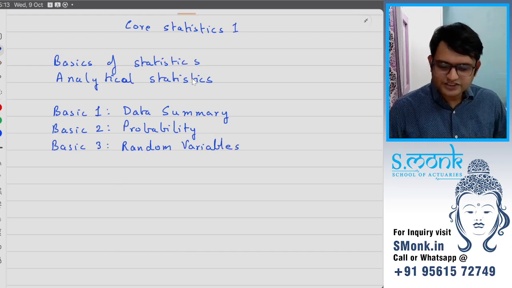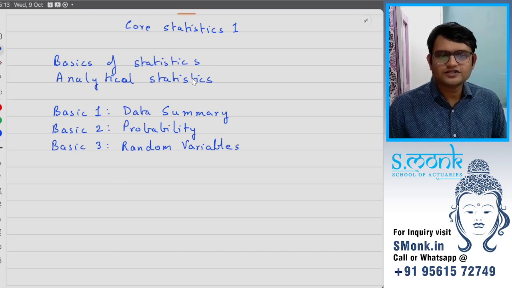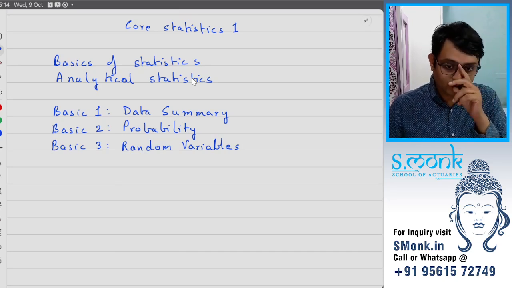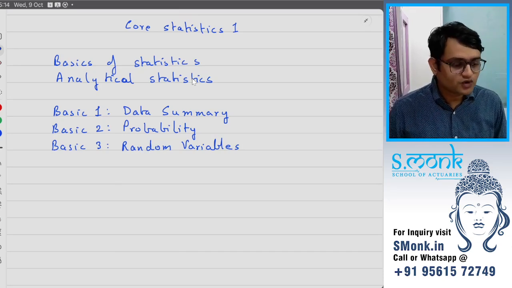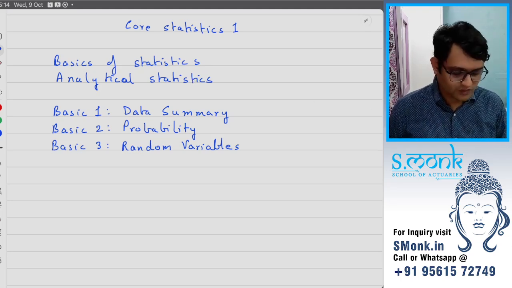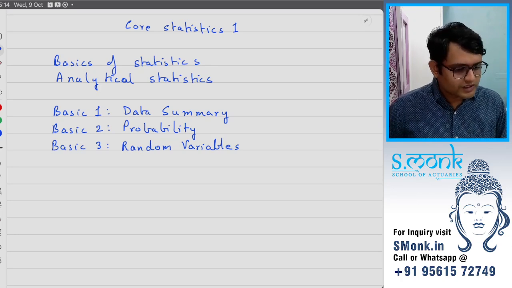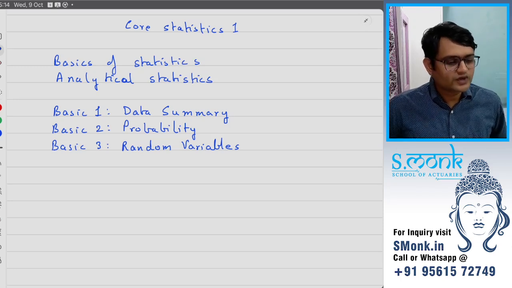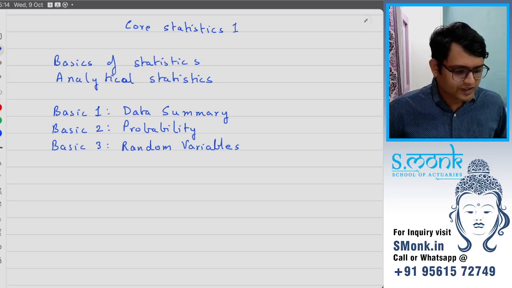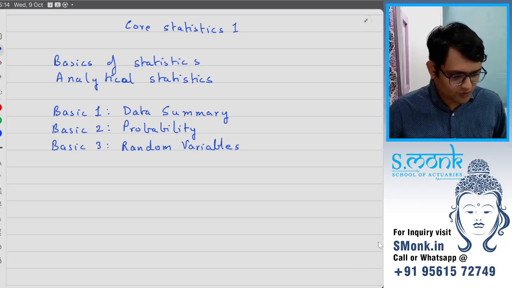So these are the three chapters that we are going to go through: data summary, probability and random variables. These are going to be very important for us to follow through the CS1 course. Throughout the lecture, if you have any doubts, you can unmute yourself and ask me the doubts, or you can type it in the chat. I have the chat open as well.